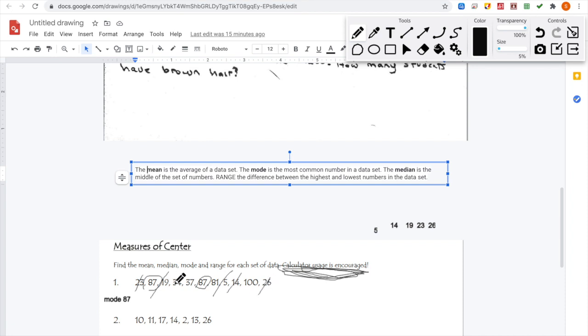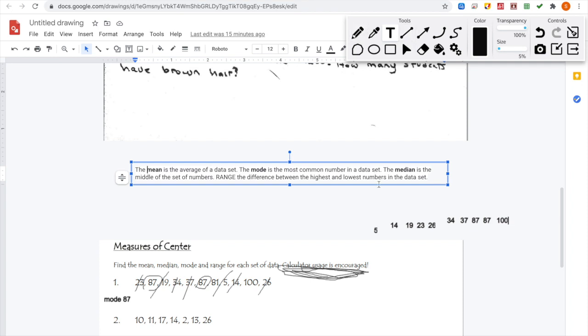Then we would have 34, 37. Then we would have 87, 87 again, and 100.